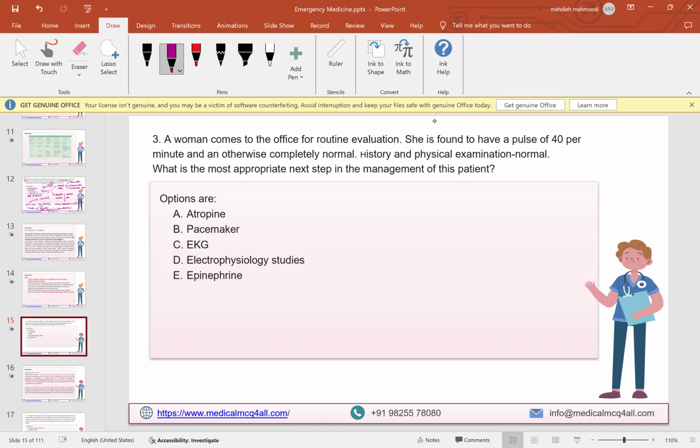What do you think? Ma'am, is it option C, if the patient is otherwise completely normal? Yeah, very good. We can do even that. If the patient wasn't completely normal, of course, the first step is ECG. The first step in any abnormality of heart you find is ECG.